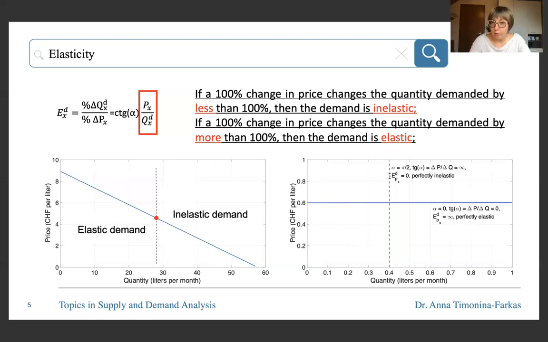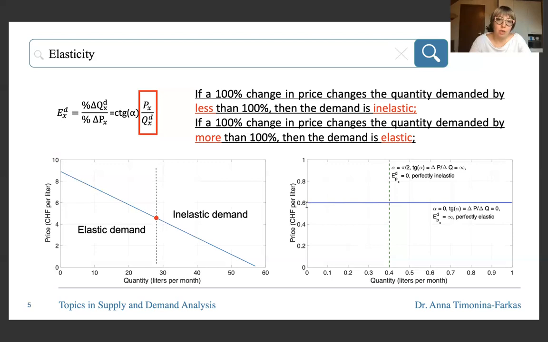Oppositely, if we have a vertical line, it means that the price can move as it wishes, but the quantity purchased will stay the same. So customers will not purchase more or less if one changes the price. In this case, the angle is 90 degrees, tangent is infinity, and elasticity is 0, which means it is perfectly inelastic.